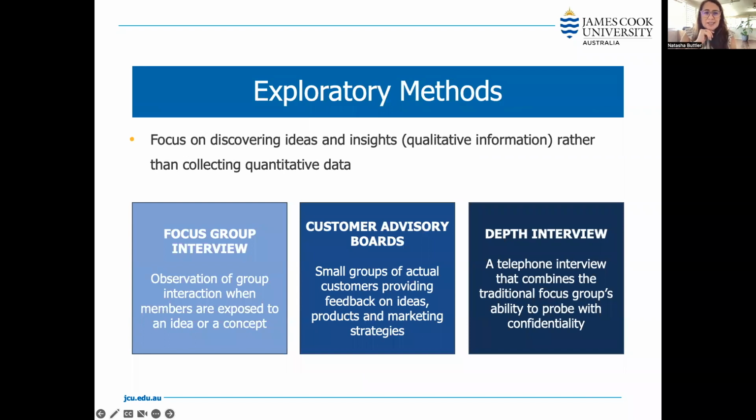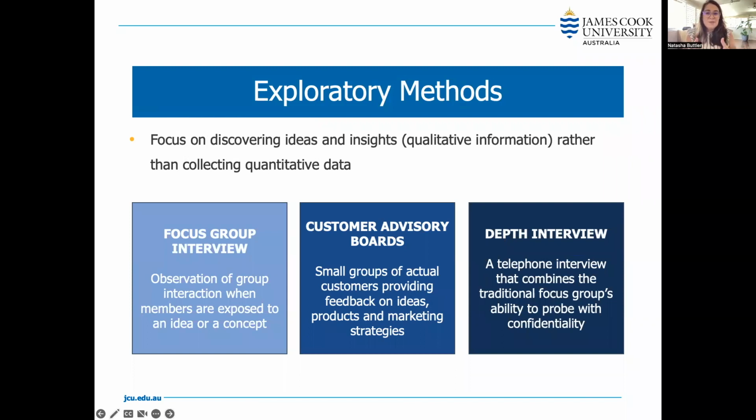So we might conduct focus groups or focus group interviews, and that's when we've got members of that group exposed to an idea or a concept, such as us all sitting in a classroom together, and I ask your ideas on certain things. We have customer advisory boards, and that's small groups of actual customers who provide feedback on ideas, products, marketing strategies.